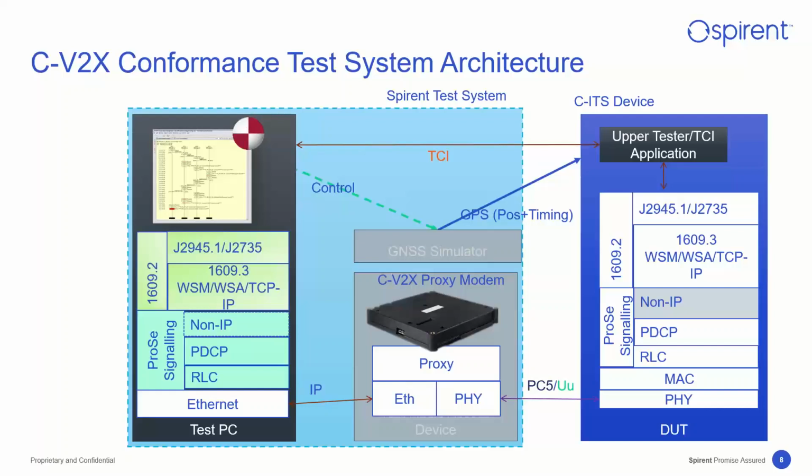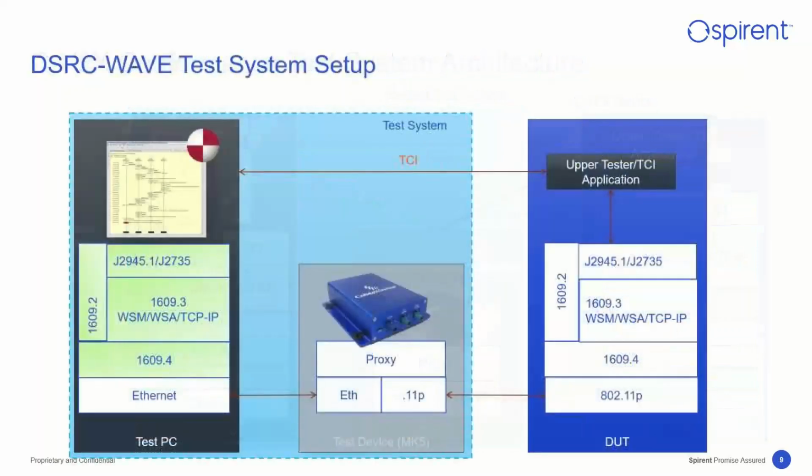So it's a very much automated system. We have, as I mentioned, the same configuration for DSRC, right? Technically, conceptually, it's the same. So I will not go too much into the detail for that.